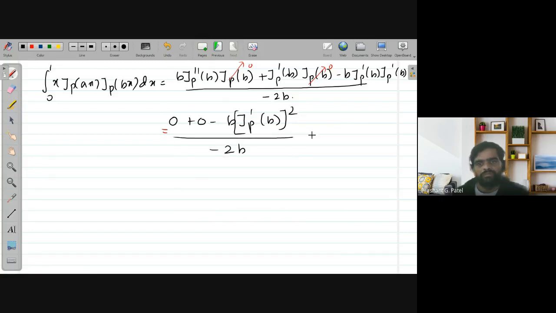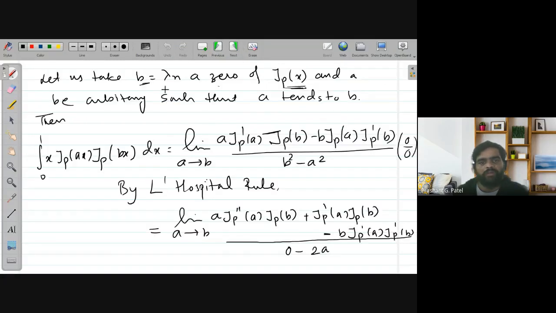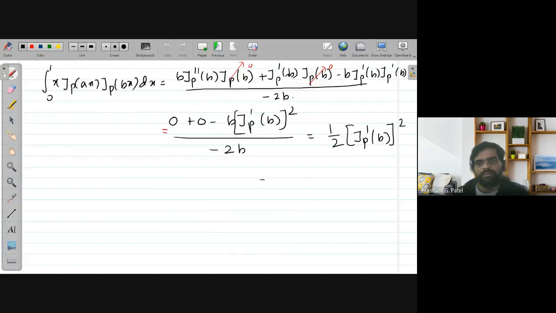So the b will get cancelled out, you will have 1 by 2 and minus minus also gets cancelled, Jp'(b) square. Now b we have taken as lambda n, so that is 1 by 2 Jp'(lambda n) whole square.